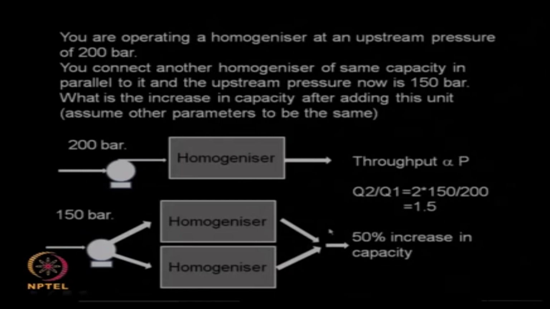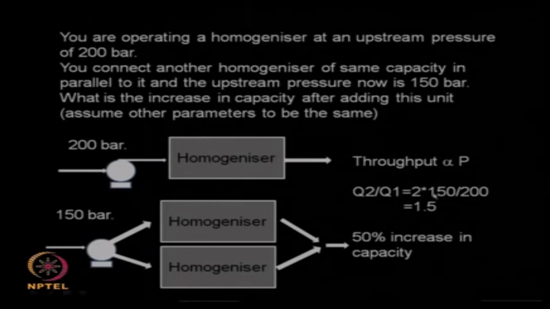So Q2, the capacity of this particular system, divided by Q1 will be directly proportional to pressure. I have put 150 bar because that is the pressure here, and 200 bar because that is the pressure here, and then a multiplication of 2 because there are two homogenizers in parallel.